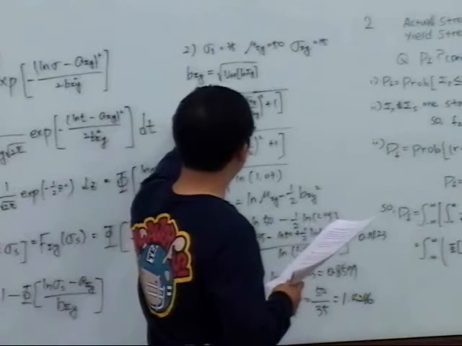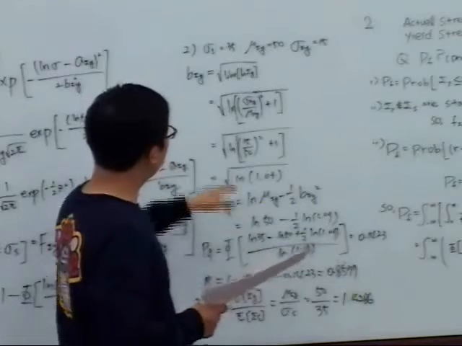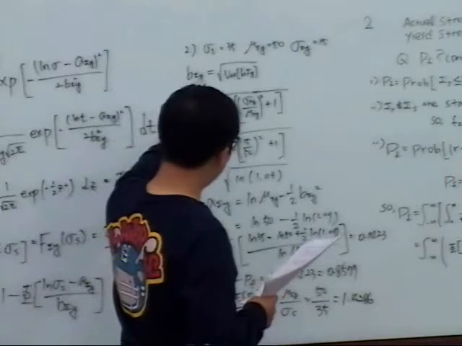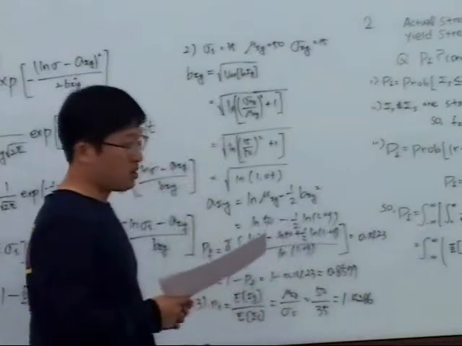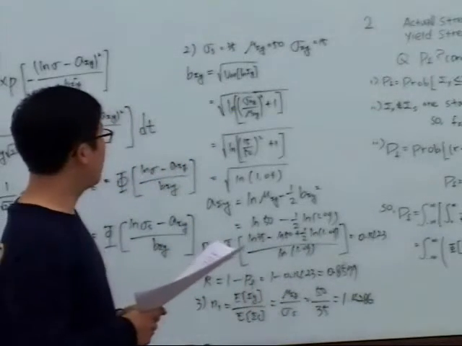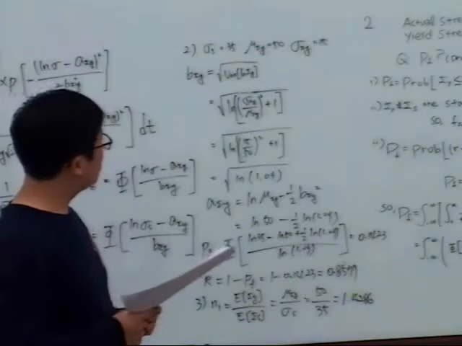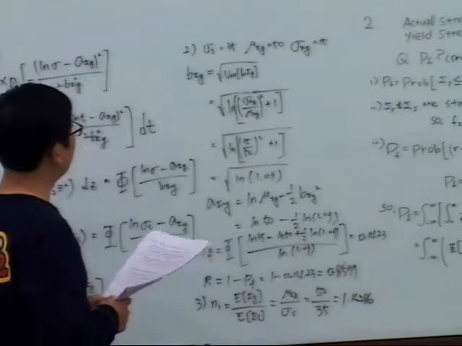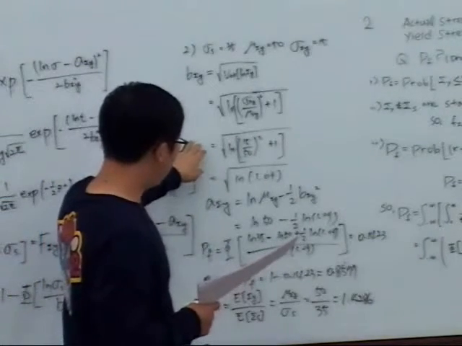B sigma y is the root variance of ln sigma y, and B sigma y and A sigma y we learned already for the log normal density function.